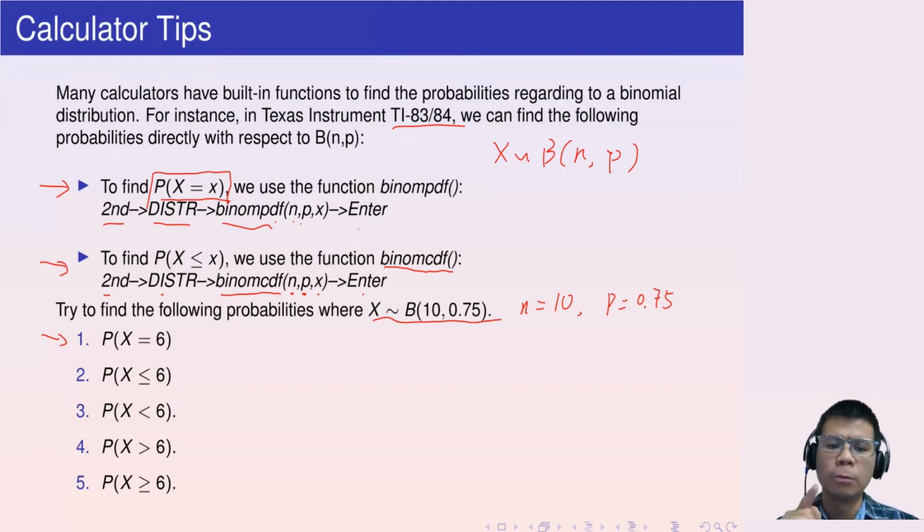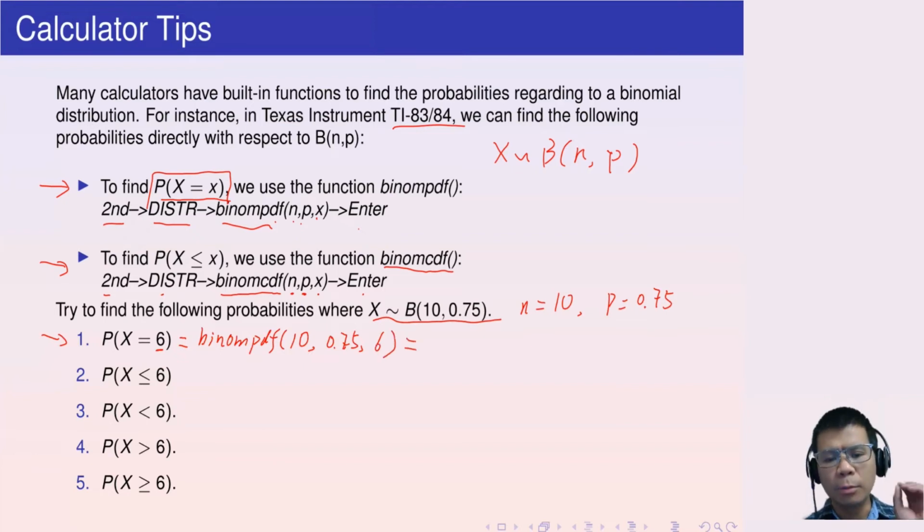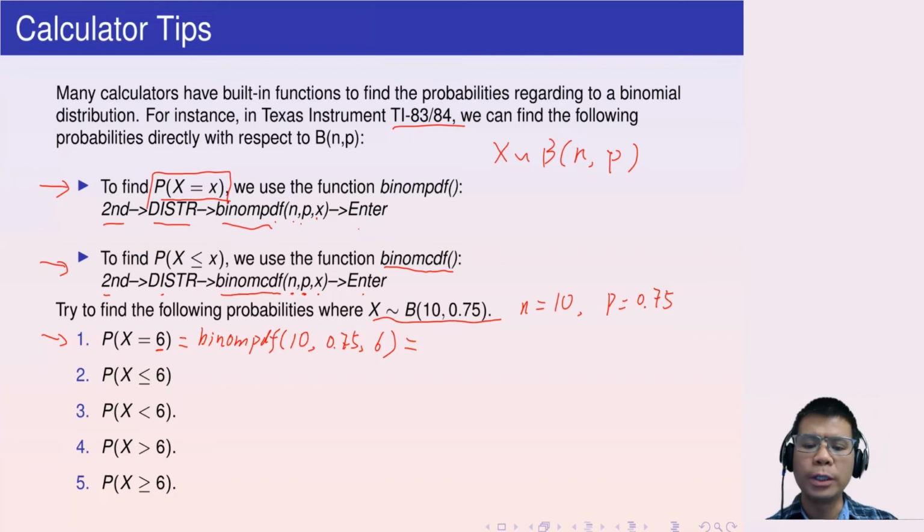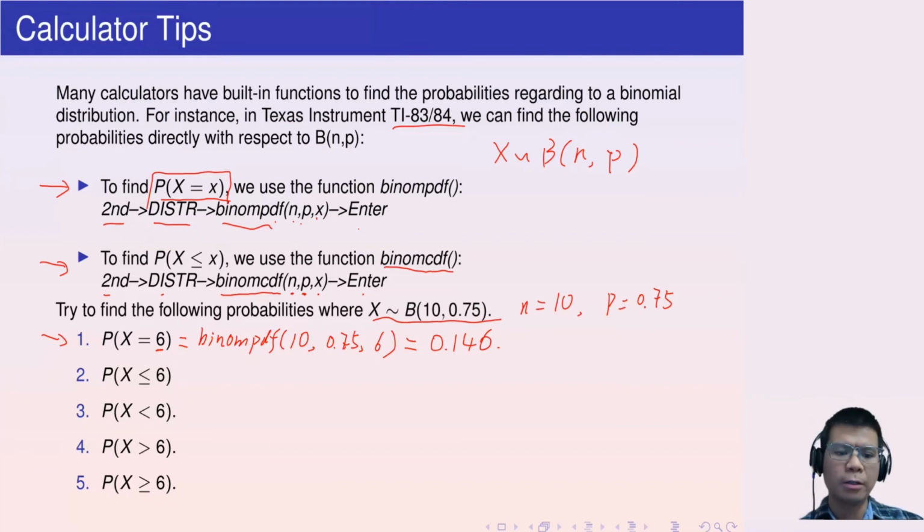You select binomPDF, and then n is 10, p is 0.75, and x here is the value of interest, which for this one is 6. Then you click enter. You should get 0.146. This can be directly found using the calculator.